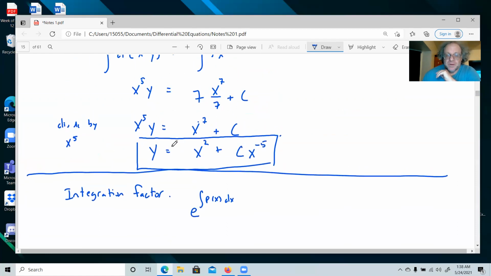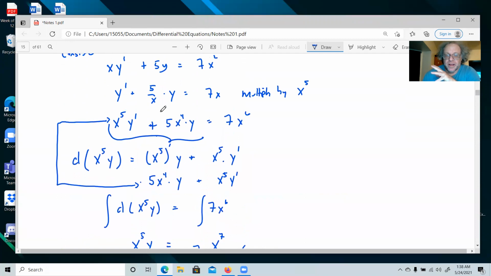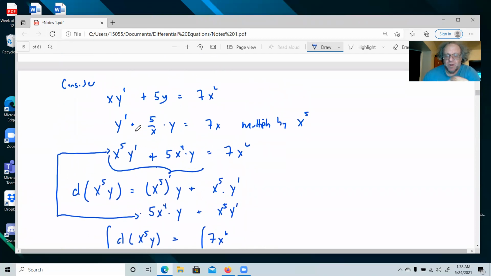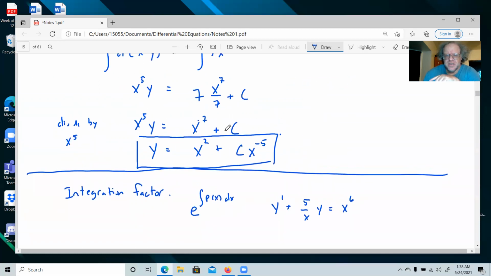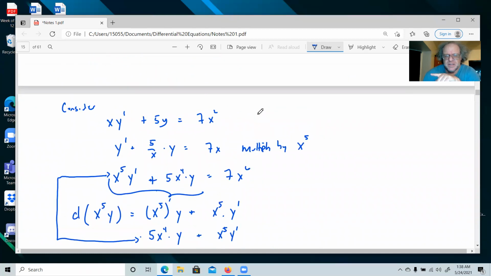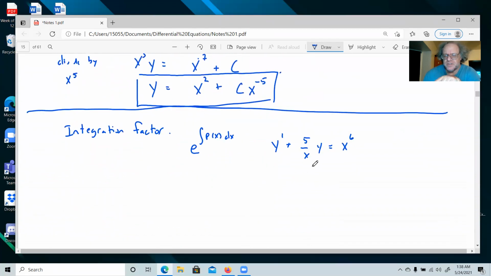When I put this thing in standard form, let's go back to standard form. It's y prime plus 5 over x times y, equal to 7x to the 6th.